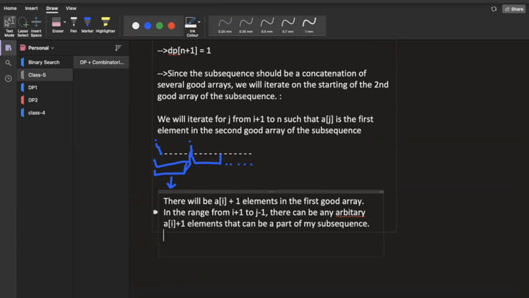So there is this range from I plus 1 to j minus 1, and I can choose any a of I elements. Sorry, the plus 1 should not be there because a of I already contributes 1. So the remaining elements is just a of I.